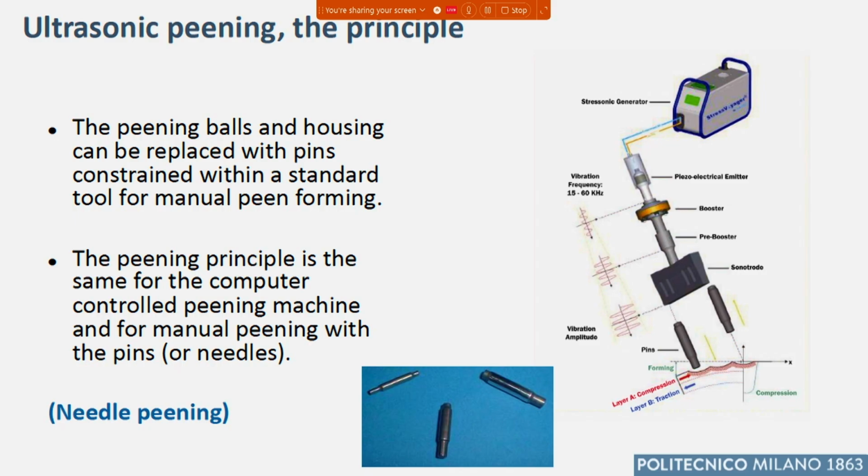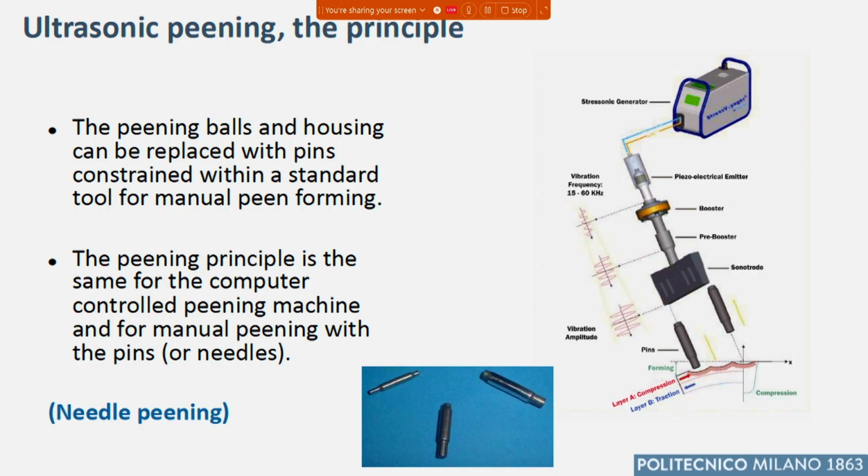And the same principle can be applied not by considering a closed box chamber and the shot, but by considering a pin with a ball at the end that is vibrating. Something similar to what yesterday we called ultrasonic shot peening.